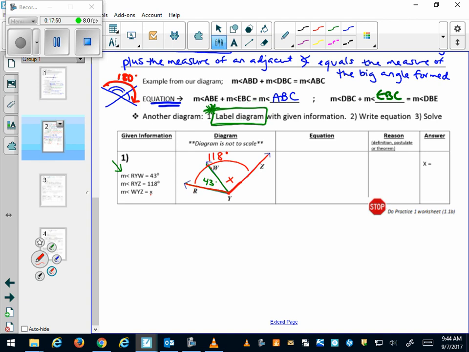The equation they're looking for here has to do with the angle addition postulate, right? Because the measure of angle RYW, this one, plus the measure of angle WYZ, that's the angle that's adjacent to it, equals the whole big angle RYZ.